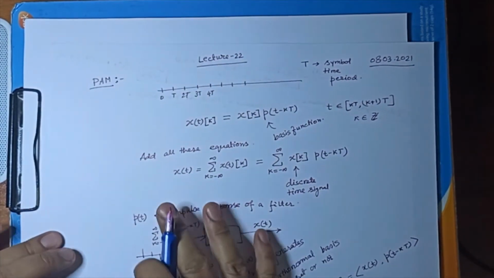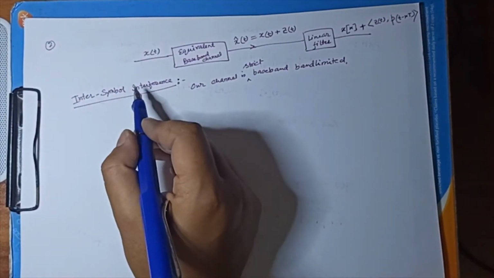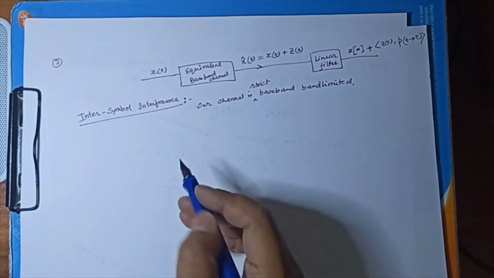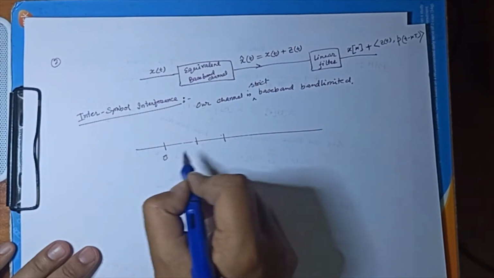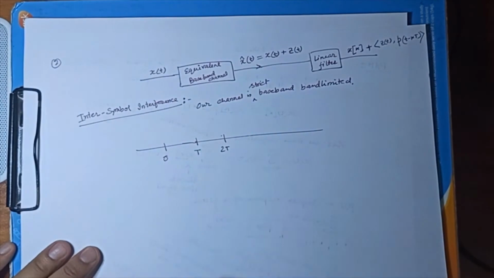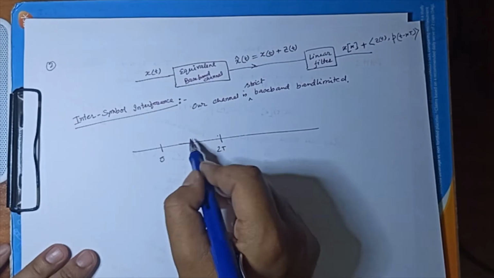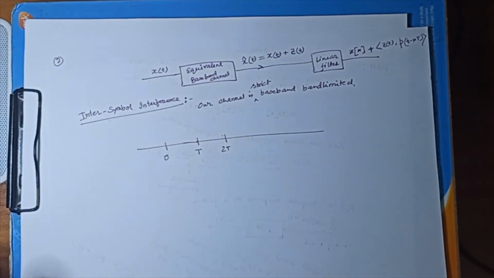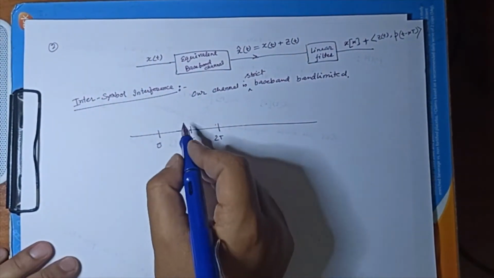So we have to design P such that even if it spills, there is no interference between the symbols. Inter-symbol interference is that when you have the time windows, this is 0, this is T, this is 2T, and you expect the signal corresponding to your symbol to reside within its window with no overlap with the other one, but that is not the case. There will be some overlap, because of the uncertainty principle, obviously.